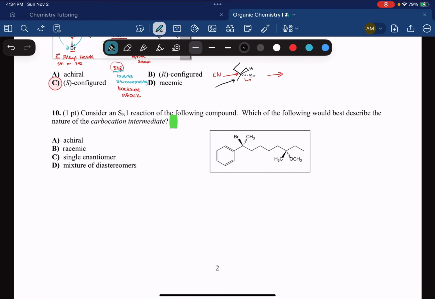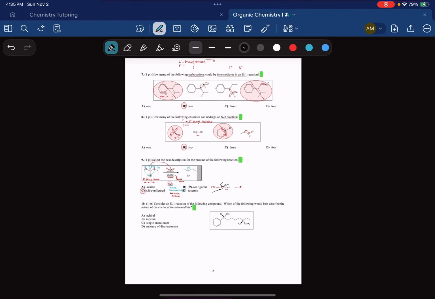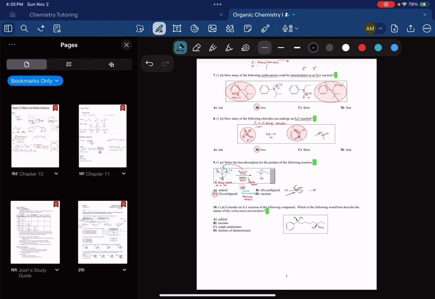So I'm sorry. Okay, so this is an SN1 reaction. What would best describe the nature of the carbocation intermediate? Okay, so I feel like this is a definition question, and I don't think I really covered that. This is chapter 7.